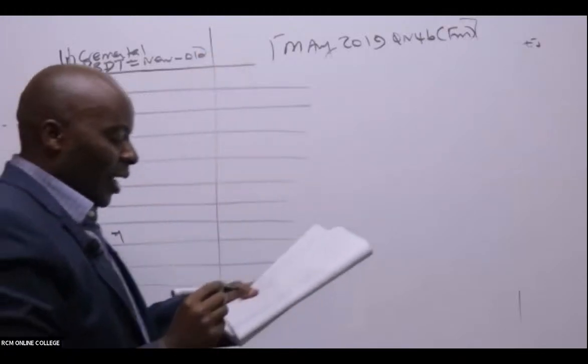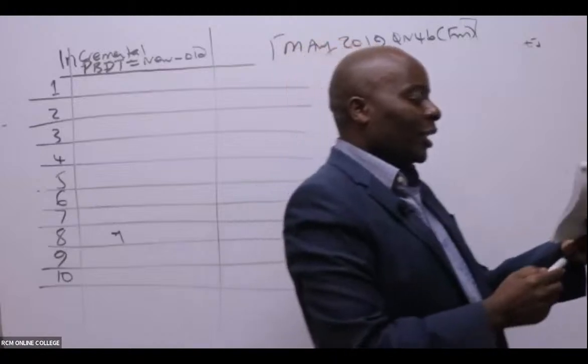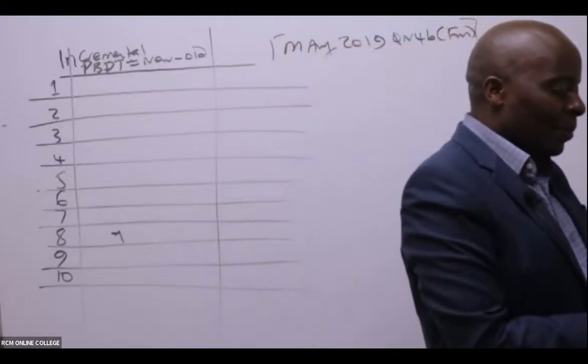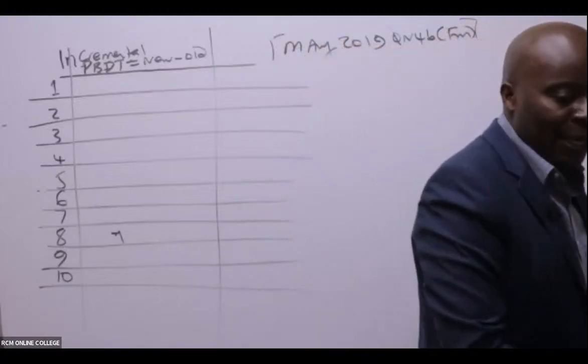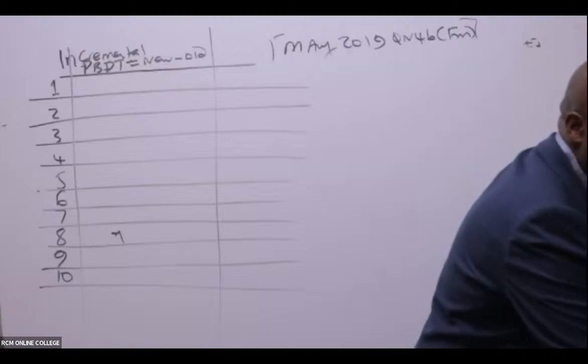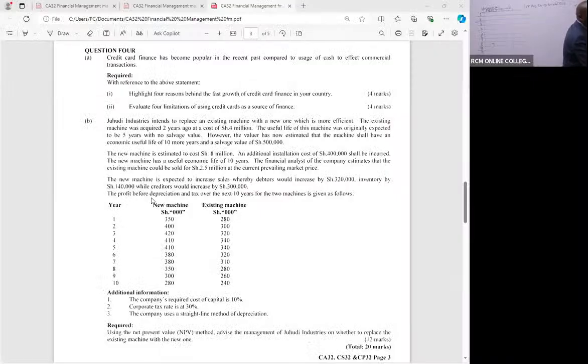After this third paragraph, they are telling us something very special: the profit before depreciation and tax over the next 10 years is given. This is the PBDT for the new machine, and the PBDT for the existing machine. I want the incremental.